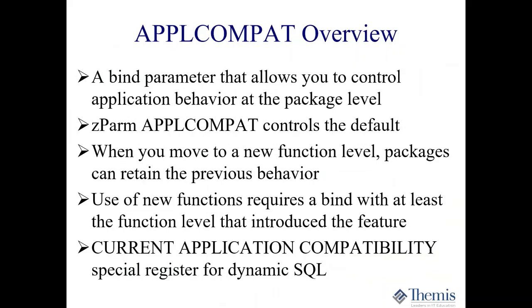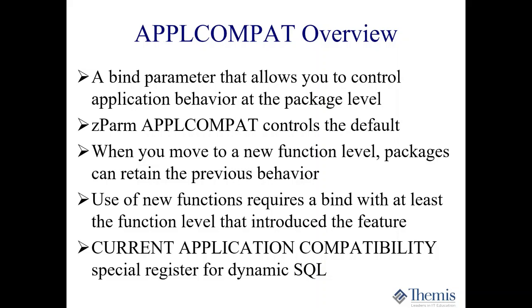Another thing that Linda mentioned last month, but I wanted to spend a little bit of time on here, is APPLCOMPAT. It's a ZPARM and a bind parameter and a special register that controls, for a particular application, what function level you are accepting.